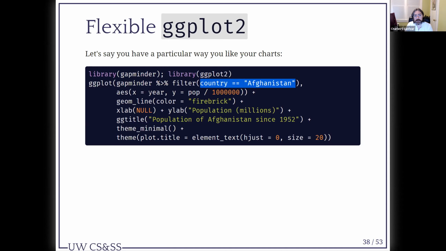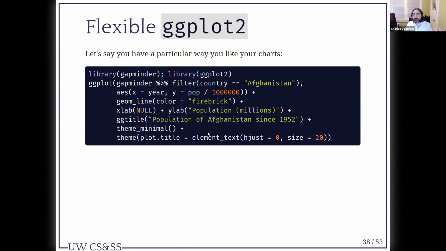I am plotting the year on the x-axis, and population in millions on the y-axis by taking pop and dividing by a million. I'm making a line graph of it in a particular color. No x label. My y label is population in millions. The title is population of Afghanistan since 1952. I give it a minimal theme, and I adjust the plot title slightly.